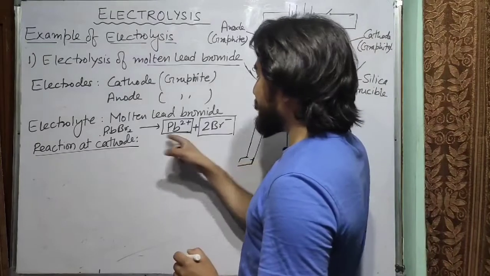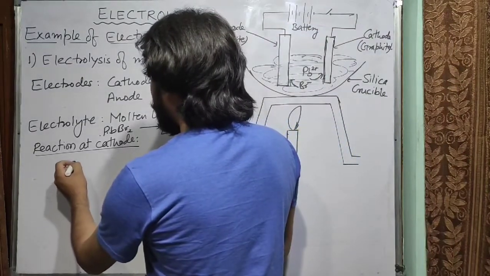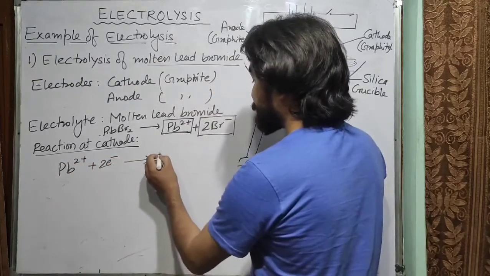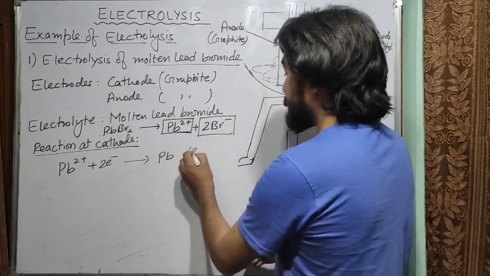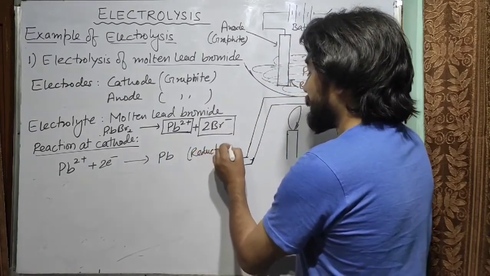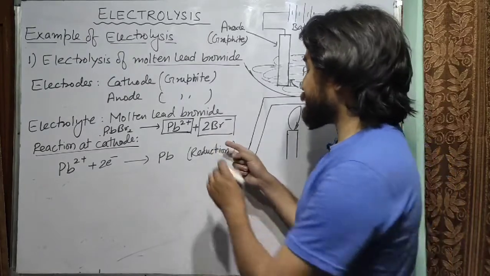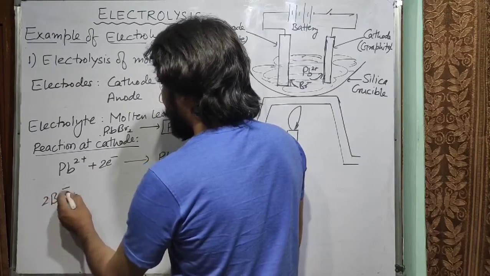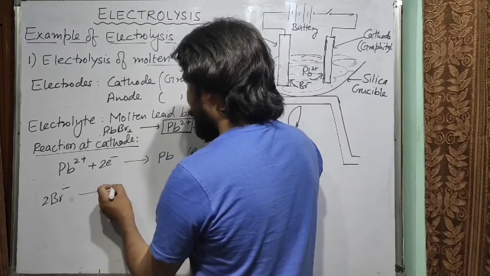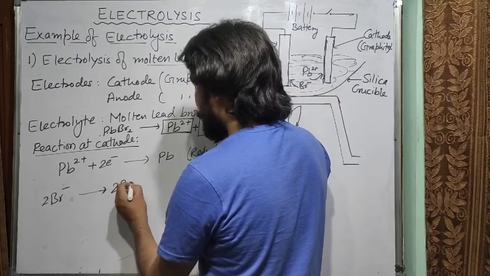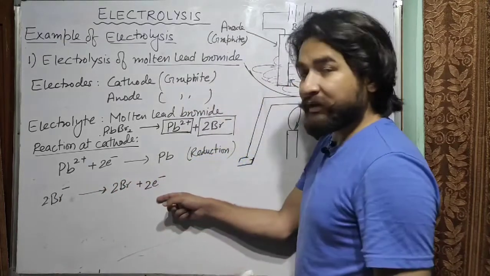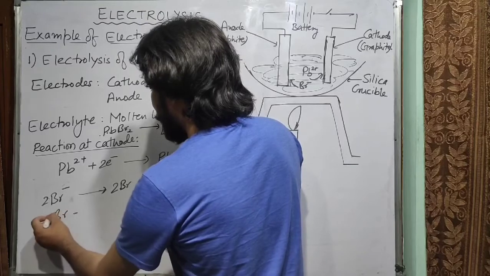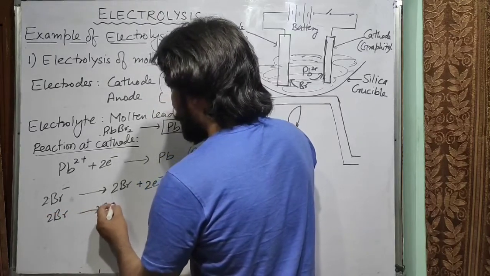So what reaction will take place at cathode? At cathode reduction takes place, so Pb2+ will gain 2 electrons and will form Pb. So reduction will take place at cathode. Now which reaction will take place at anode? Oxidation, so 2Br- ions will lose 2 electrons, so they will form 2Br plus 2 electrons, because bromine atoms will lose the electrons, and Br plus Br, that is 2Br, will form a bromine molecule.